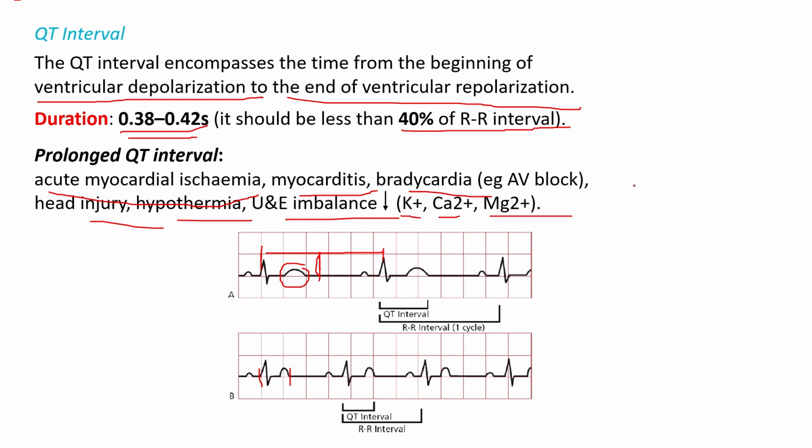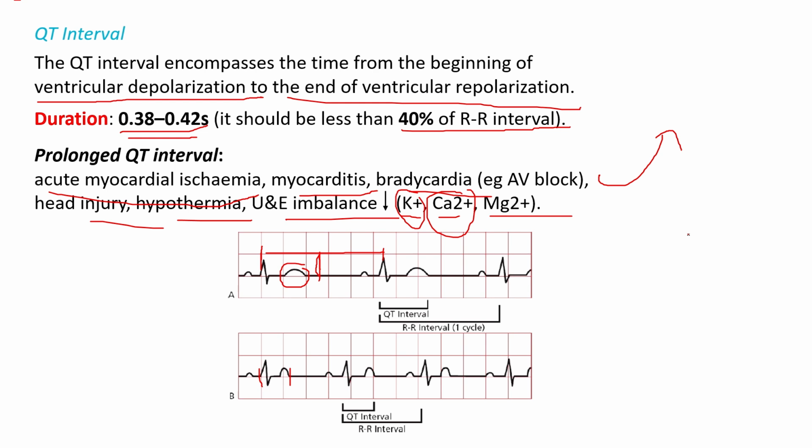And the main reason is about the action potential that you should remember. In case of action potential of the cardiac cells, we need potassium for repolarization, because potassium goes out of the cells, and we need calcium for the plateau phase of the action potential. So if you have low potassium, it takes more time to repolarize.